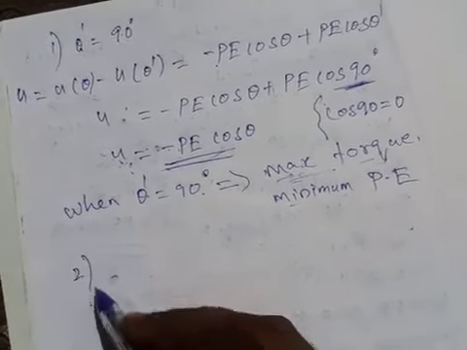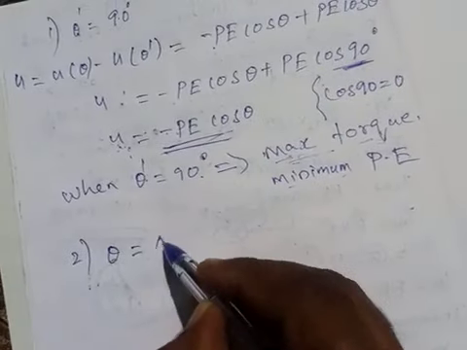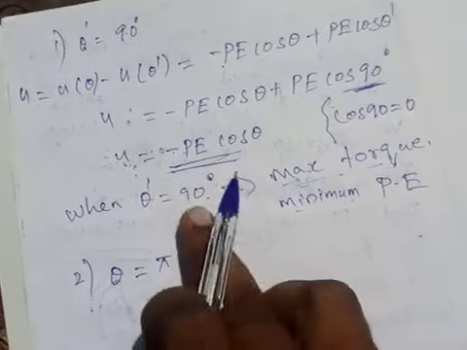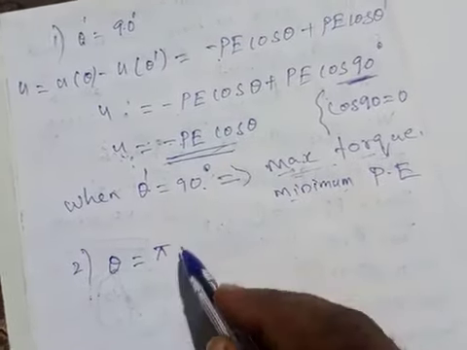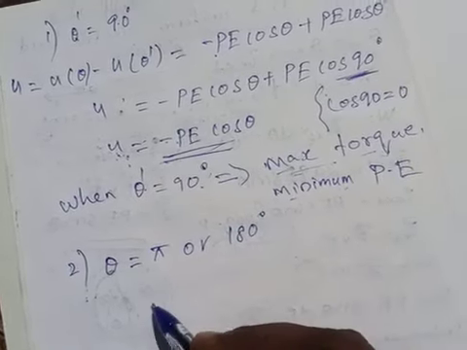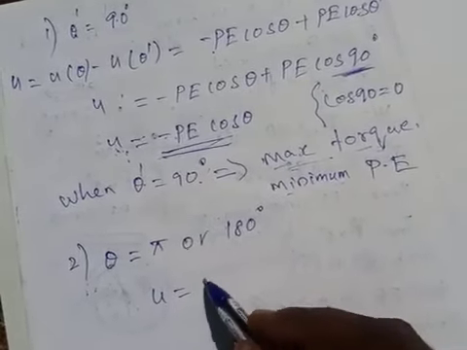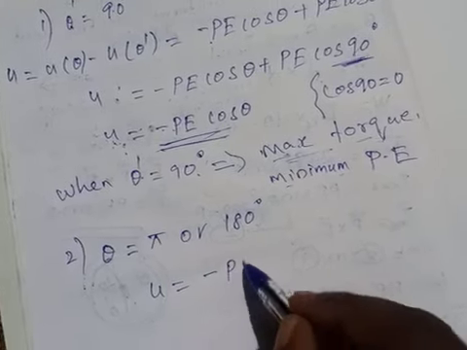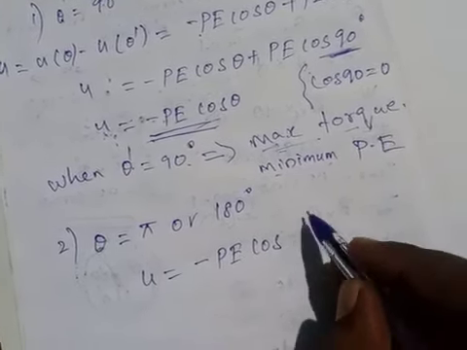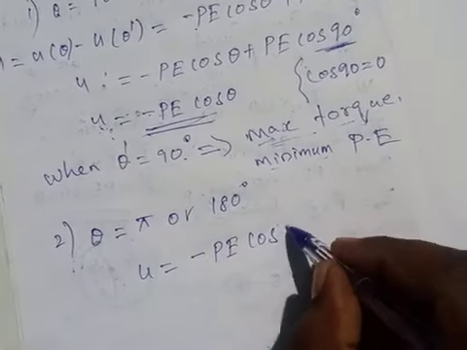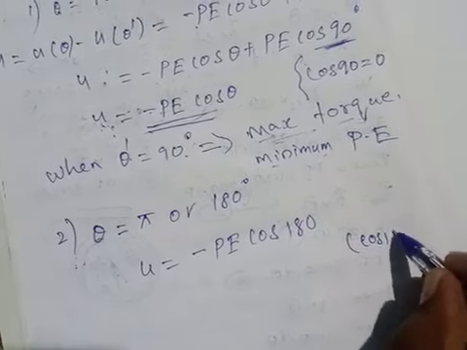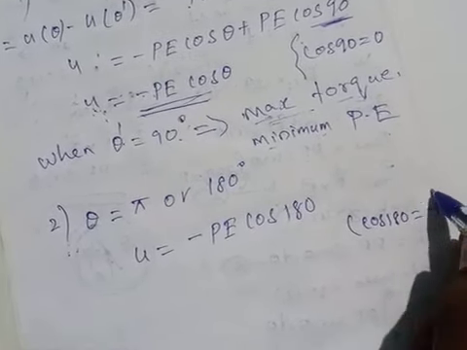Similarly, when theta is equal to pi, or 180 degrees, how do we find U? U is equal to minus P cos 180. We know that cos 180 is minus 1.